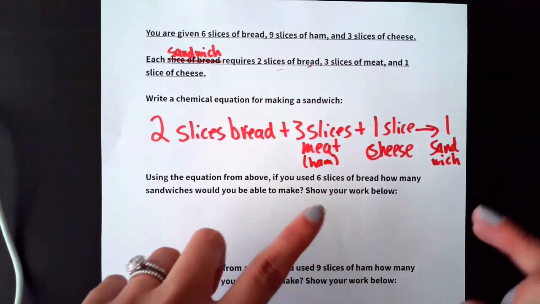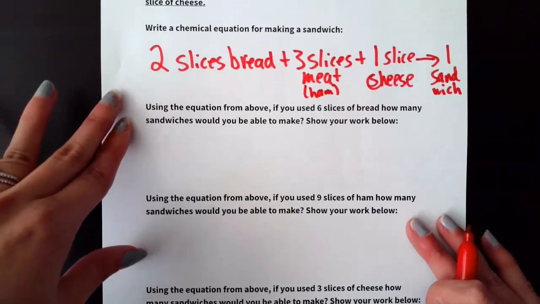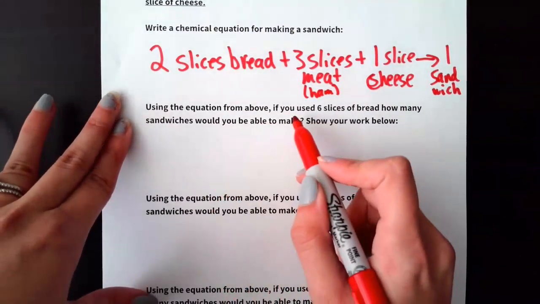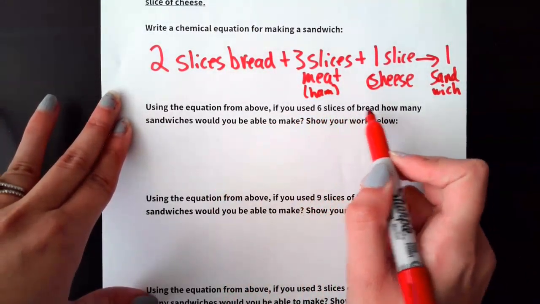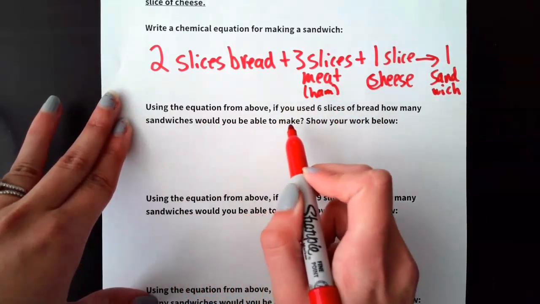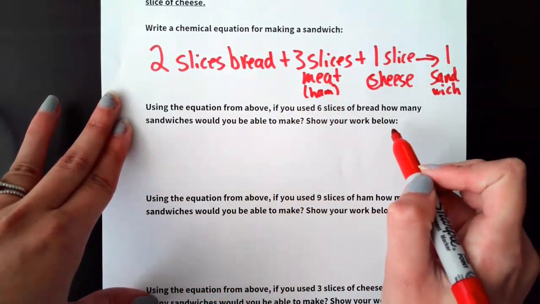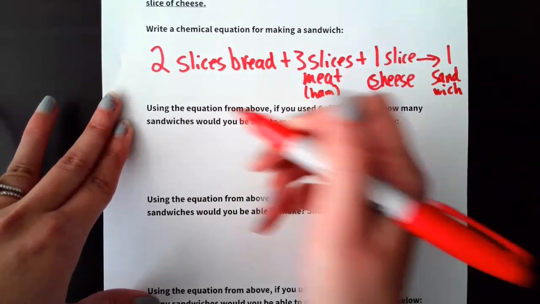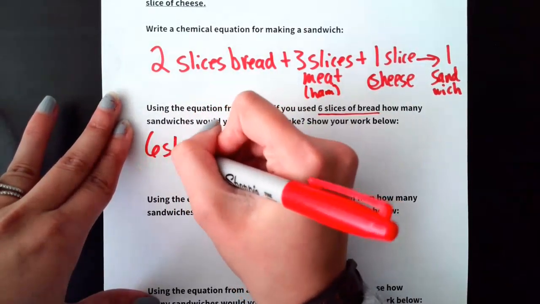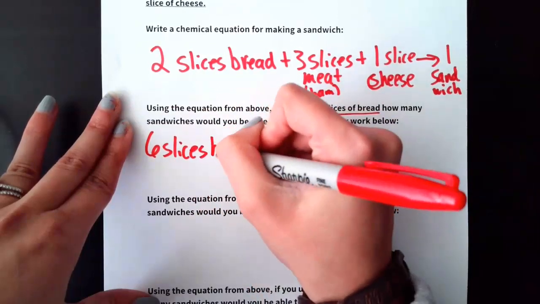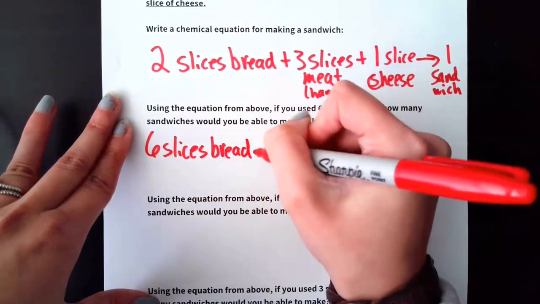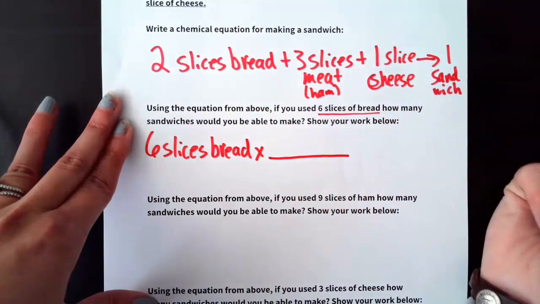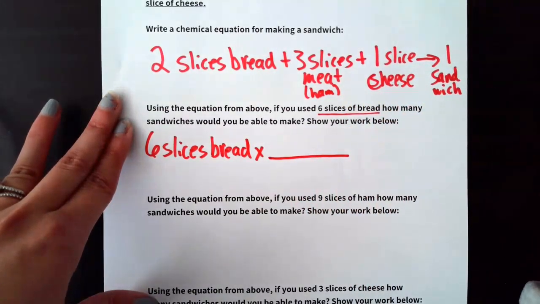Okay, so using the equation from above, if you use 6 slices of bread, how many sandwiches would you be able to make? Show your work below. So we are going to start out with this 6 slices of bread. Okay, so we're setting up one of our conversions.